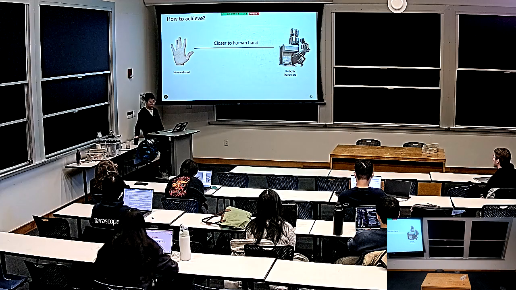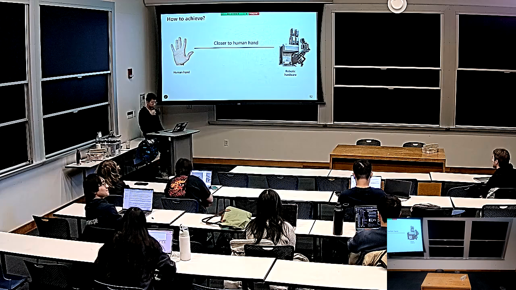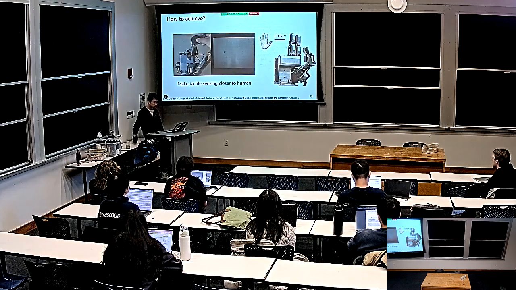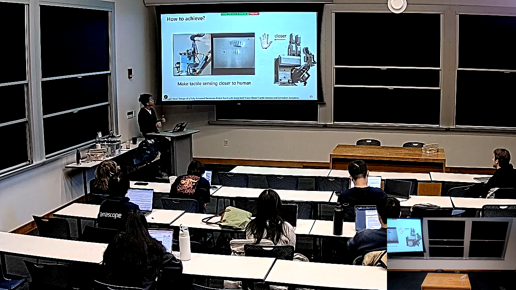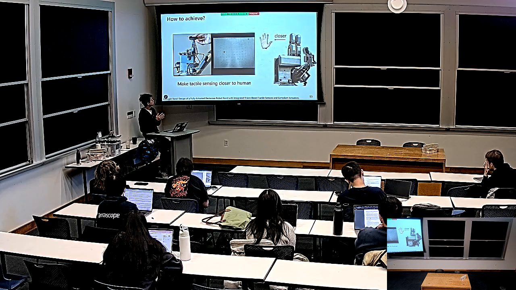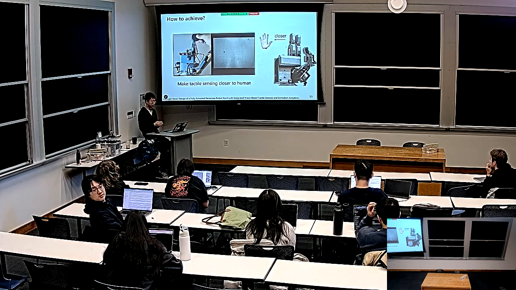So the first thing is we need to have a robotic hardware that is closer to the human hand. Here I would like to introduce the EyeSight hand. For this hand, the researchers built a tactile sensor, which is pretty close to human tactile sensing. Actually, the first author is right there, Brandon.